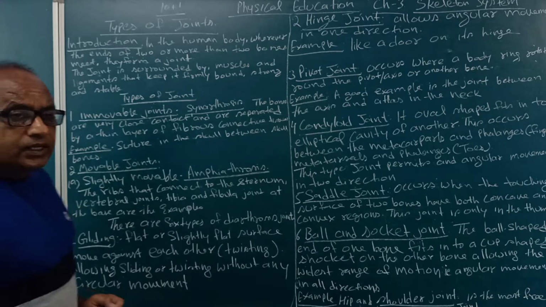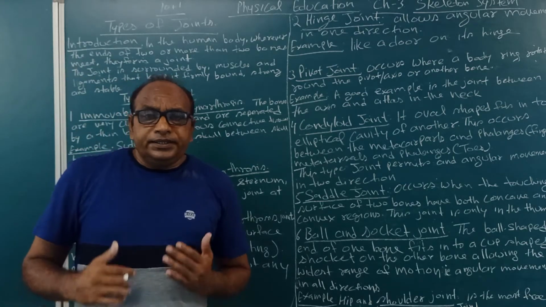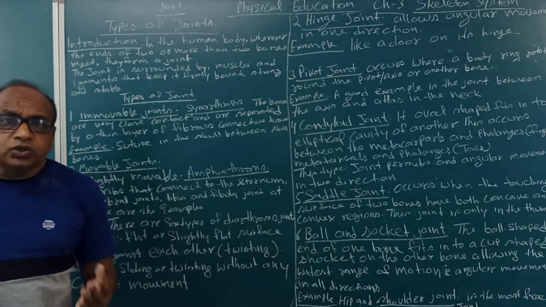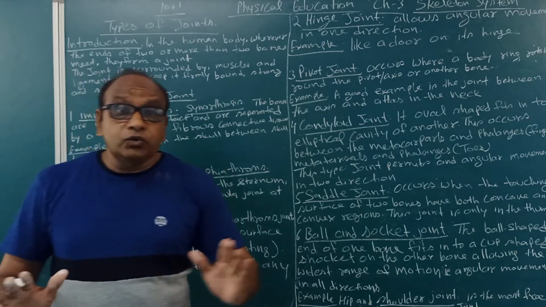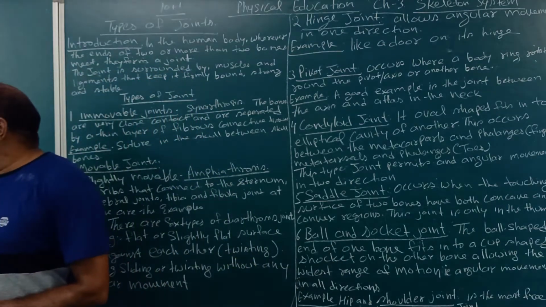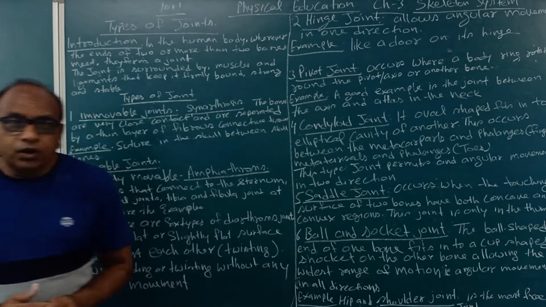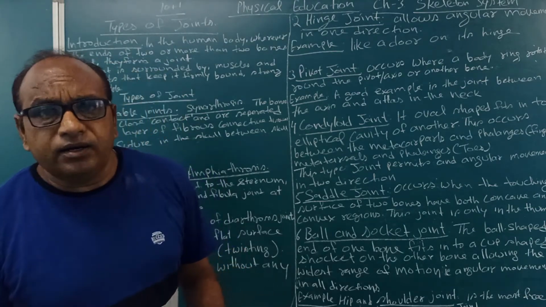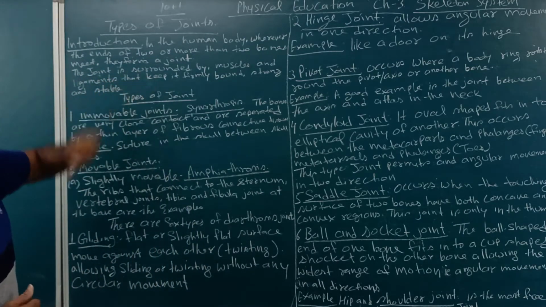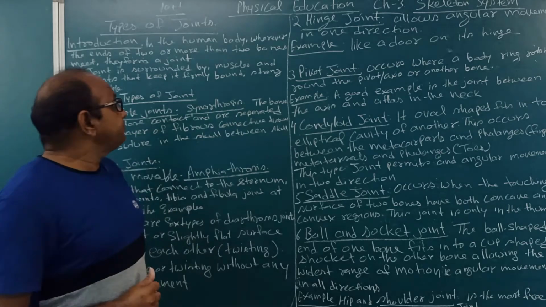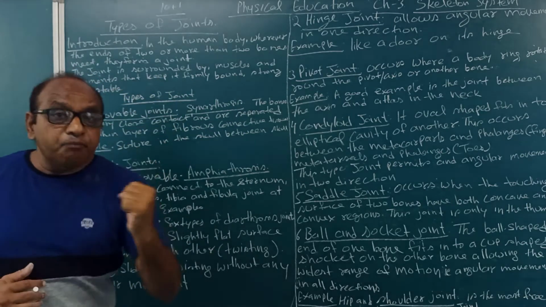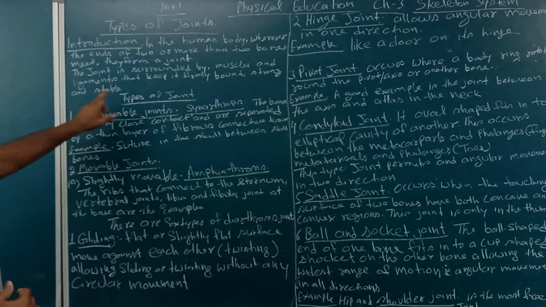If there were no joints in the body, then smooth movement would not be possible. Even it would be too difficult to move or to do any work up to the mark. Actually, the joint is surrounded by muscles and ligaments that keep it firmly bound, strong and stable.